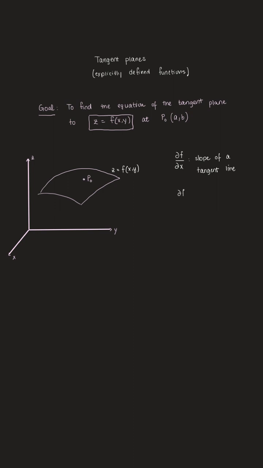Same thing with the partial derivative of f with respect to y. This is in the x direction, and df dy is the slope of the tangent line in the y direction, not a vector. It would be really great if, imagine that this is a vector whose slope is df dx, and this is a vector over here whose slope is df dy.